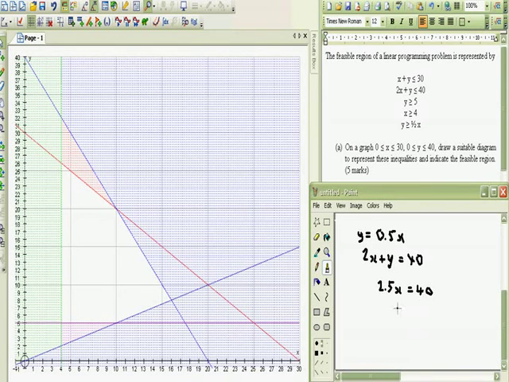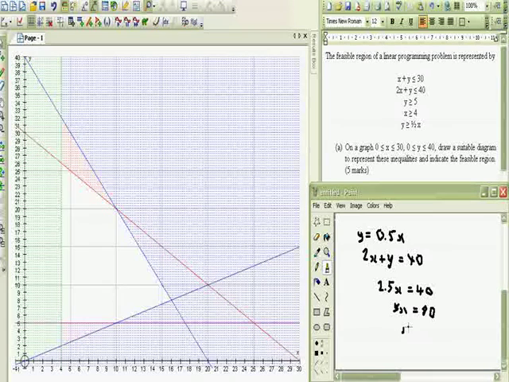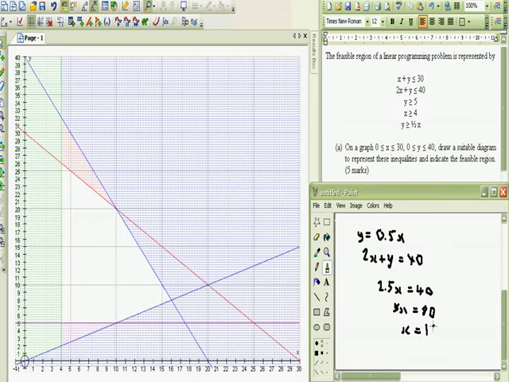Let's double both sides, so I get 5x is equal to 80. That'll make things easier for me in my head. So 5x is 80, x must be equal to 16. If x is 16, y must be 8. So 16 and 8.